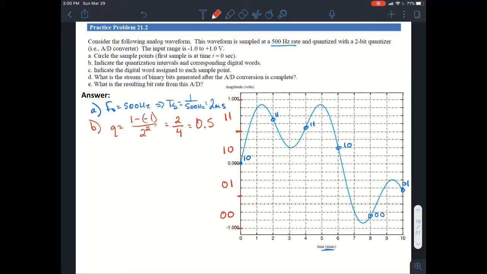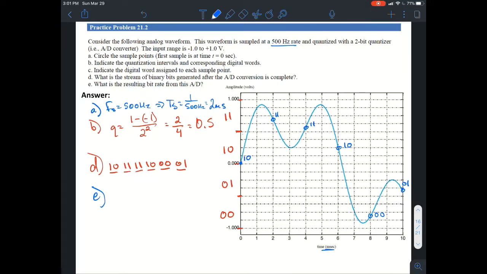Moving on to part D, we can start writing those out. For D, we're going to get 1 0 1 1 1 1 1 0 0 0 0 1, underlining those to keep them distinct from one another. And then for part E, we can start working that. It asks what the resulting bit rate from the A to D conversion is.